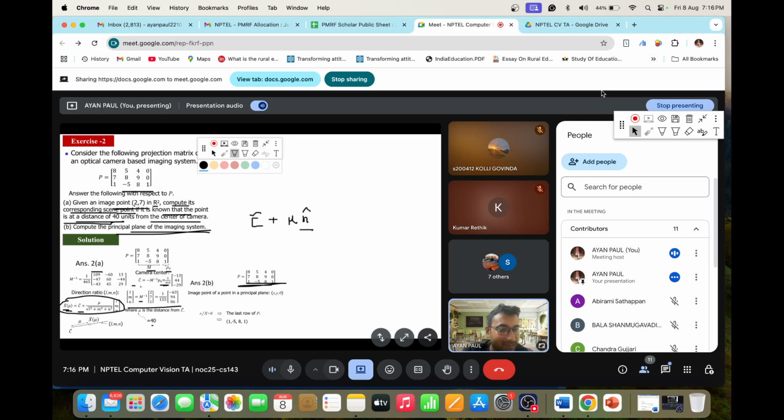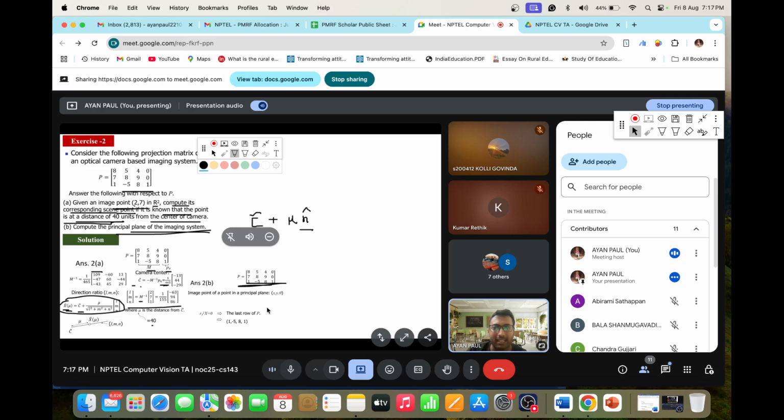So how can we get small x from capital X? Small x equals P into capital X, right? It is very simple. If we want to get capital X, you will say we do P inverse of small x, but actually we cannot get it by P inverse, because the P matrix is non-invertible. So that is why we have to take the help of this parametric equation to get the capital X. Once we get capital X, the principal plane is nothing but R3T x.